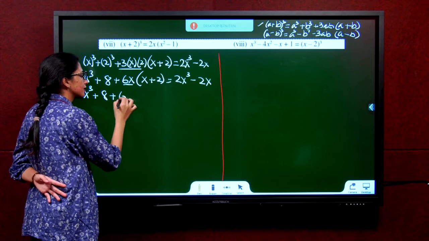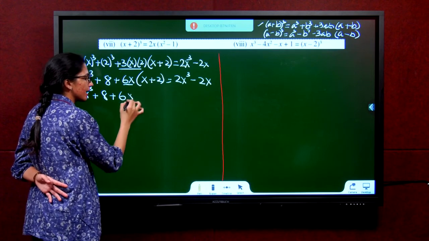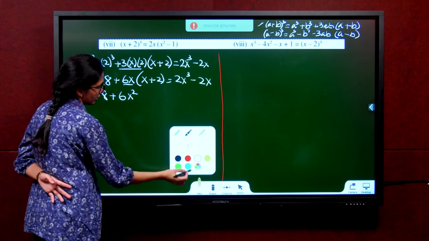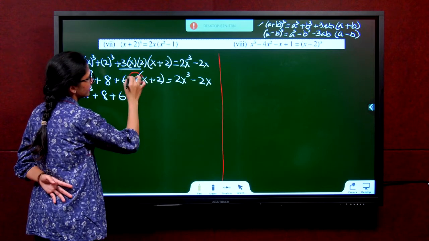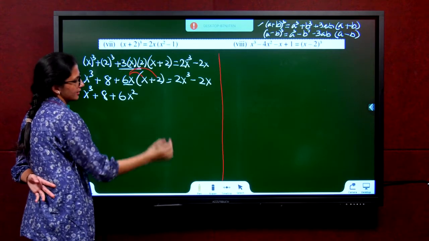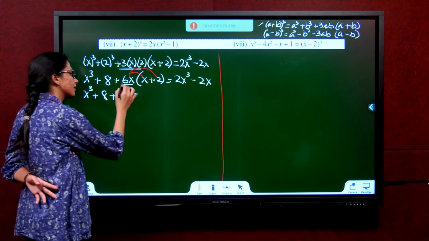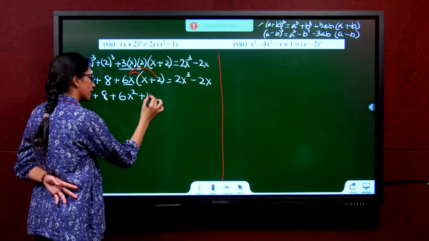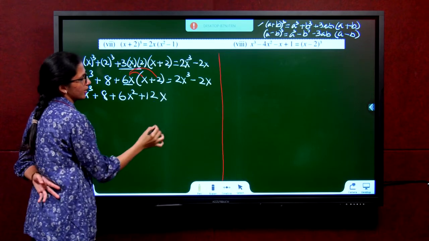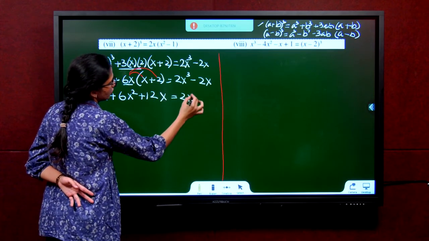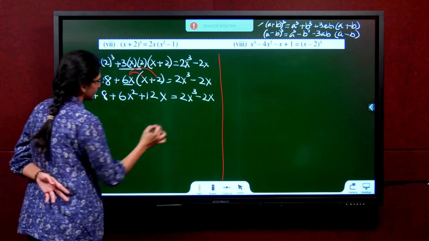6 ones are 6. x into x, x square. 6x into x. Next 6x into 2, first do the numbers. 6 2s are 12. There is an x, put the x, is equal to 2x cube minus 2x.